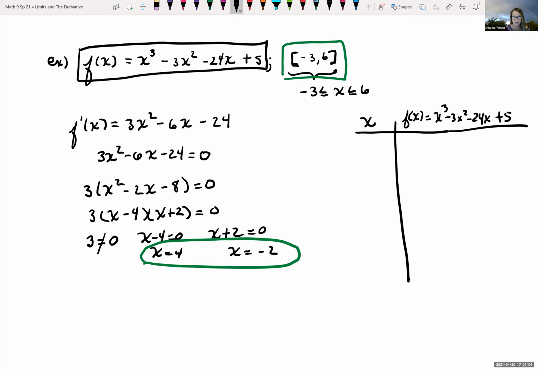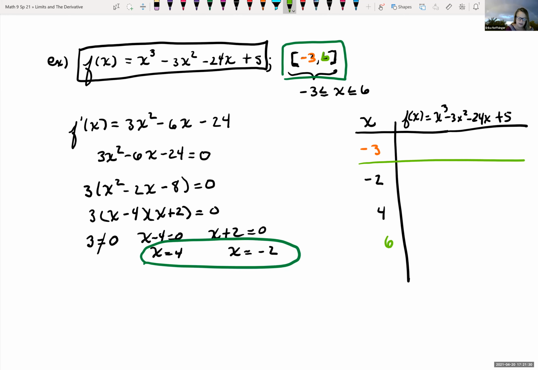So I usually then just write my numbers from smallest to largest. And my endpoint on the left is always going to be the smallest. So I have x equals -3, I have x equals -2, I have x equals 4, and then I have my other endpoint in here, x equals 6.